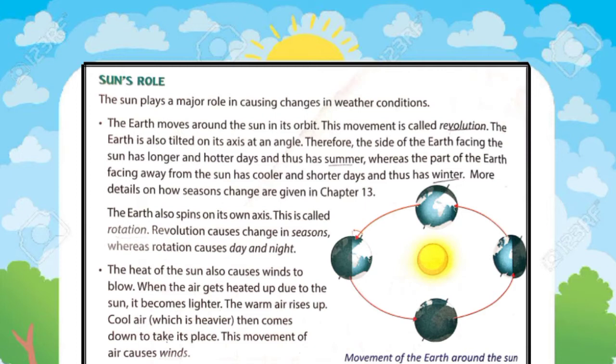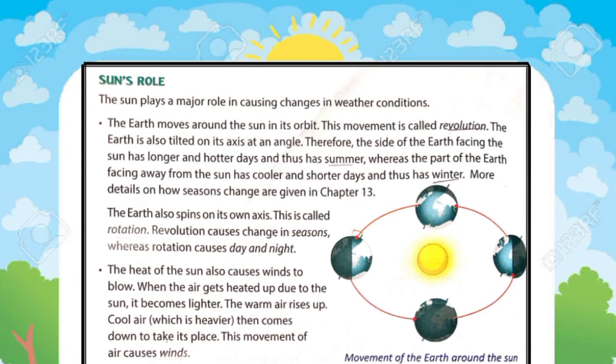Now let's understand what is revolution. Revolution is often used as a synonym for rotation. But in many fields of science like astronomy and related subjects, revolution is referred to as an orbital revolution, which means that it is used when one body moves around another, while rotation is used to mean the movement around the axis.